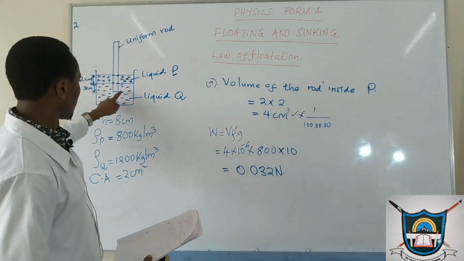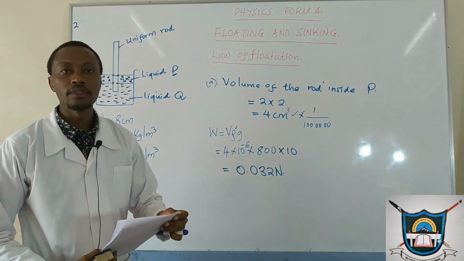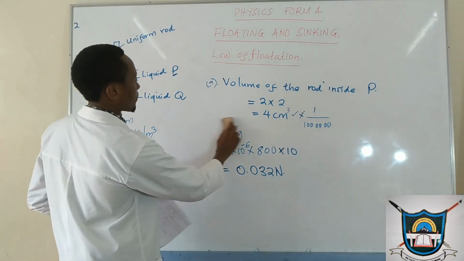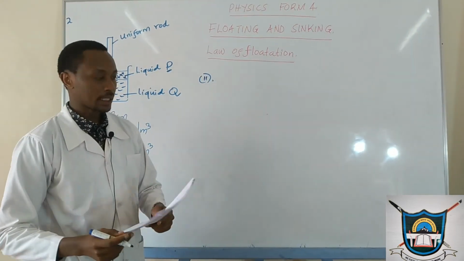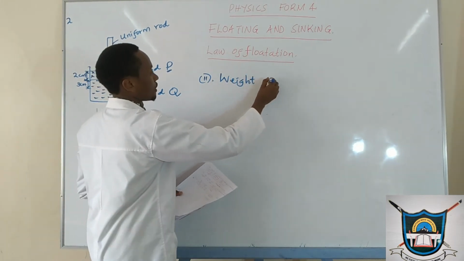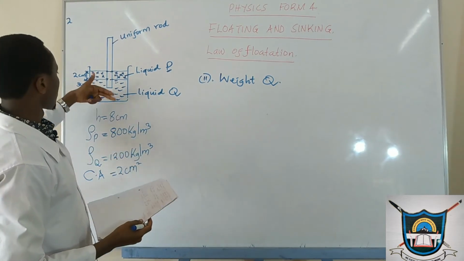Now, part B of the question reads: determine the weight of liquid Q displaced by the rod. So we move by the same steps. The weight of liquid Q displaced.